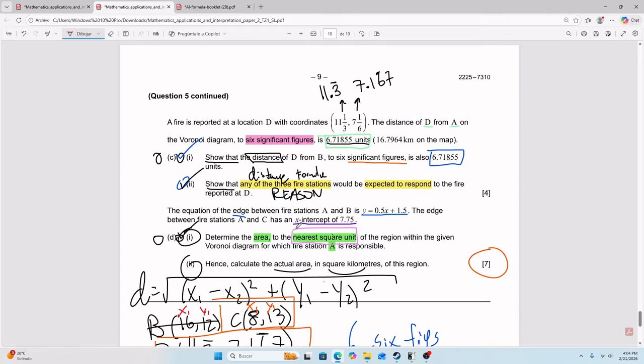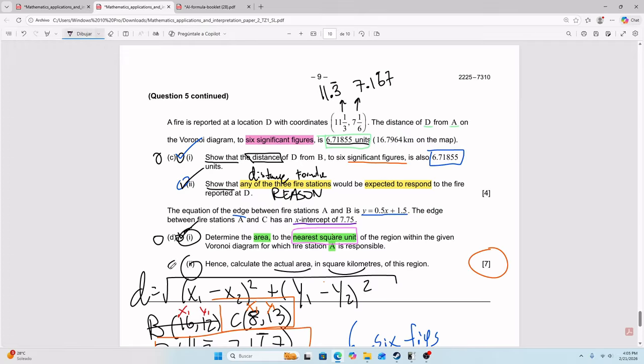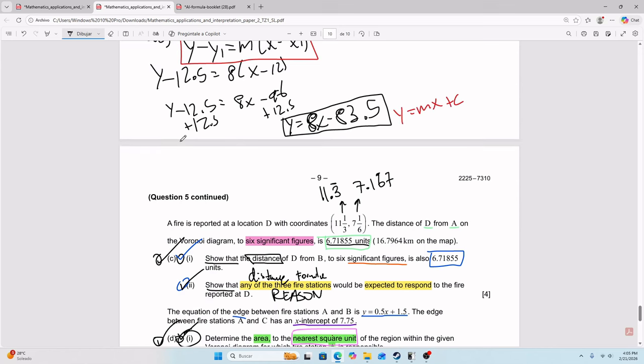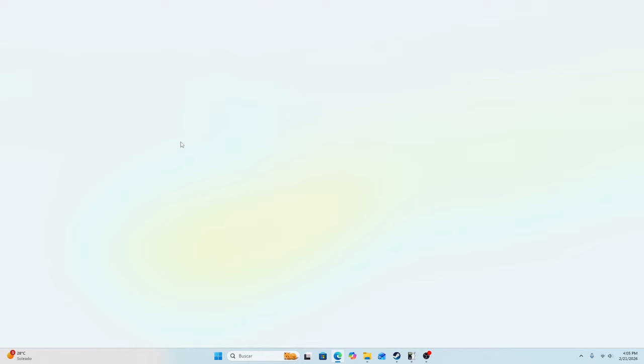Anyways, definitely enough talking by me on this case. That would be for problem number 5 and the entirety of paper 2. I think it's particularly important to point out that for this Voronoi diagram exercise, which does show up once per test, either paper 1 or paper 2, it is so important to understand what is a perpendicular bisector, what is gradient, what is midpoint, what is distance. This is where they test you for all those different things. Notice our formula booklet.